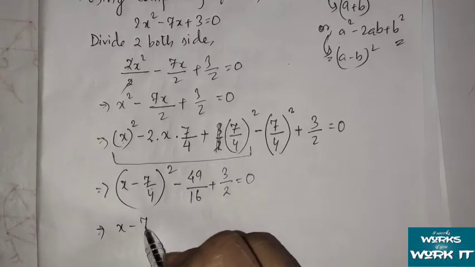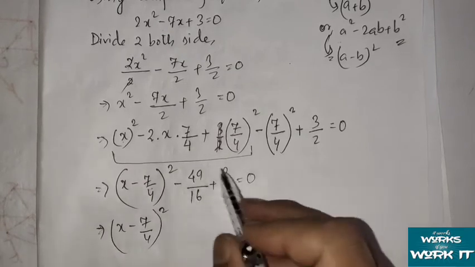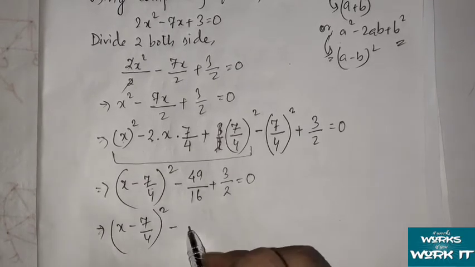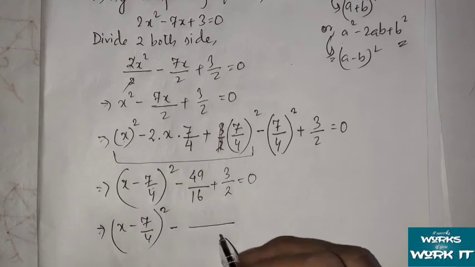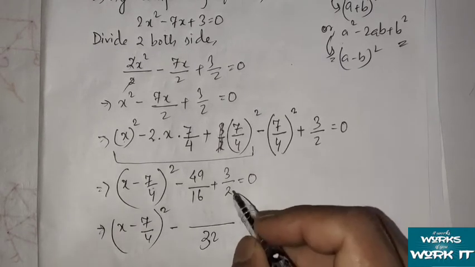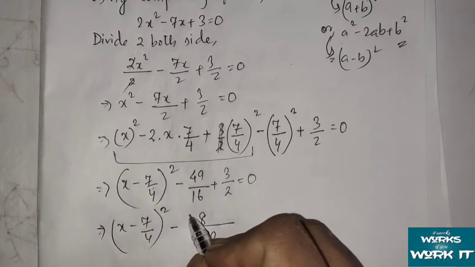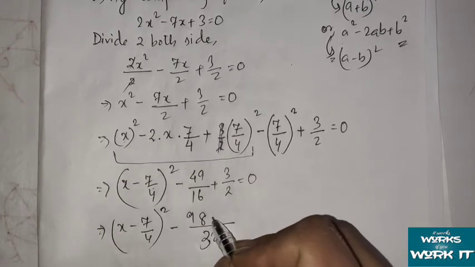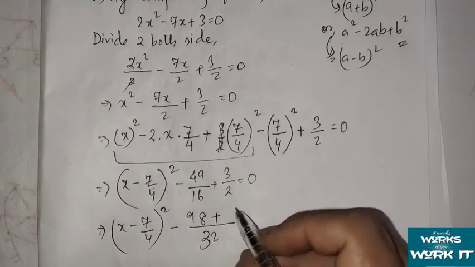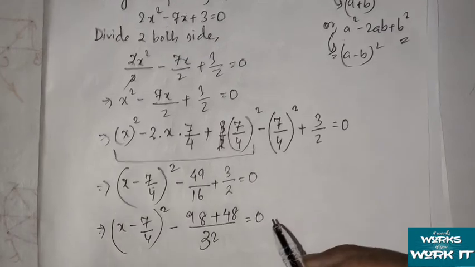So (x minus 7/4) whole square, how much it will give us? Directly we can multiply this one, 32. Then after this 2 multiply, 98 plus this 2 multiply, give us 48 equal to 0.